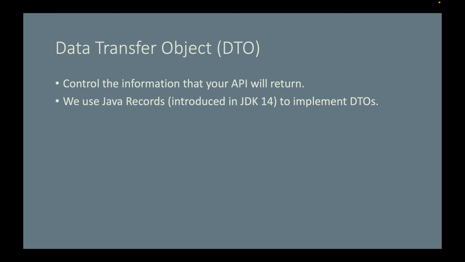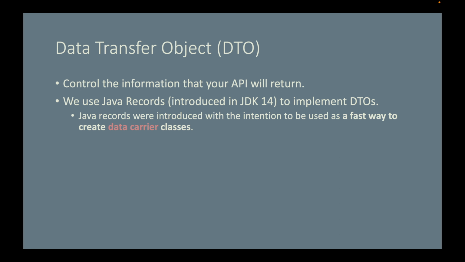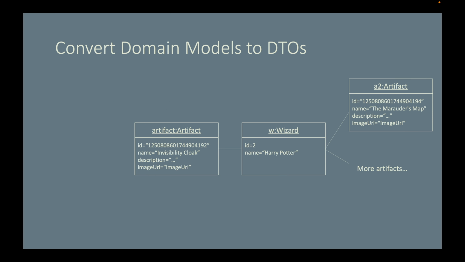We are using Java records to implement DTOs. Java records were introduced with the intention to be used as a fast way to create data carrier classes. There's no business logic, just a data holder or container. So this is the basic idea.